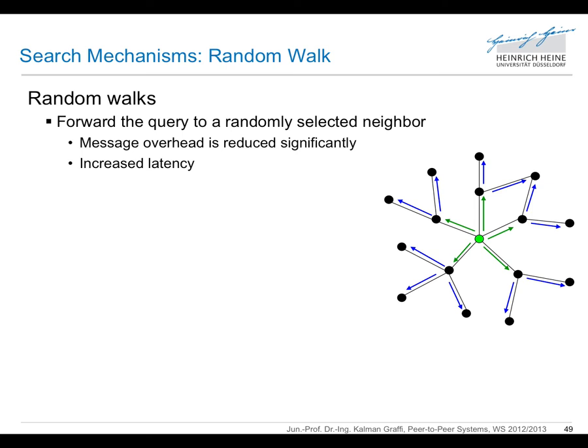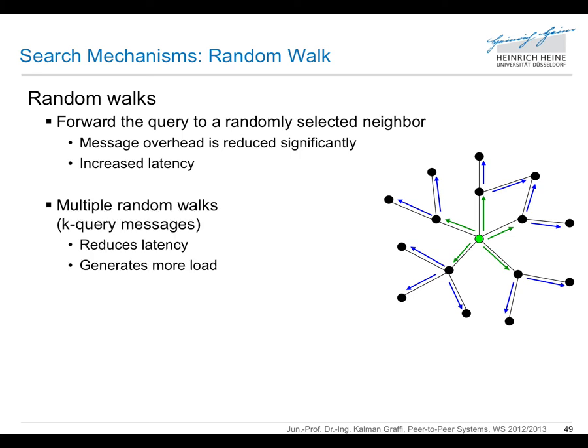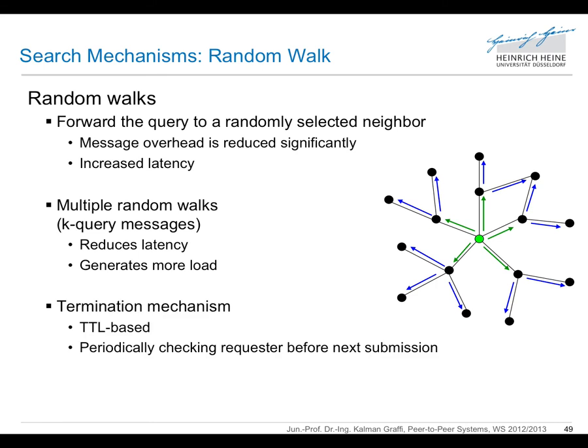Let's say I have 30 contacts, then I say every node should send out this request k times. So multiple, k times. And then in every step, the message does not split up 30 times, but only 2 times. And then you reach fewer nodes with the same hop count, but you can control how many nodes you reach.